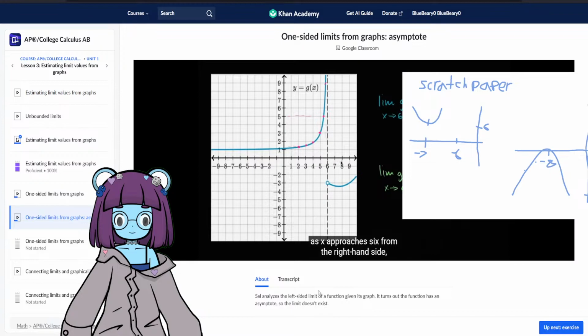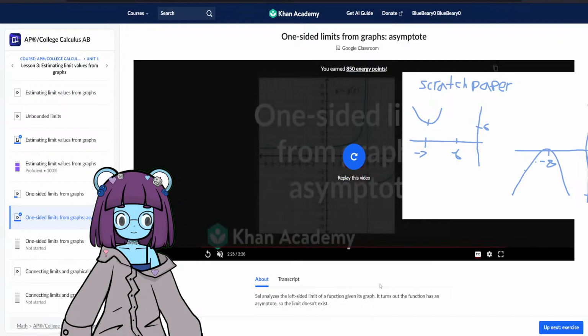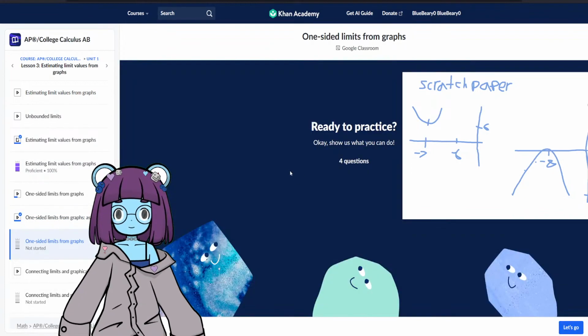As it approaches from the right-hand side, a little less than 3 times, -3. Alright. So from the left, it's just unbounded. But is there a difference between unbounded and does not exist?